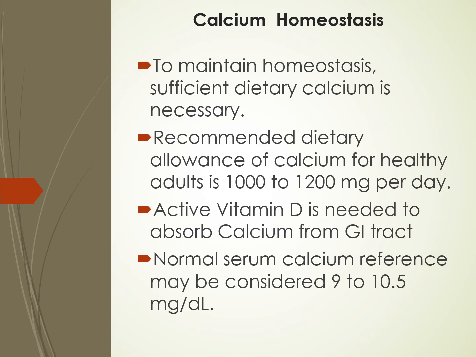Vitamin D, the active form of vitamin D, is required to absorb the dietary calcium from the small intestine. Okay, and that active form of vitamin D is calcitriol. Okay, so whether it was activated in the kidney or you took it as a medication, you need the active form of vitamin D.